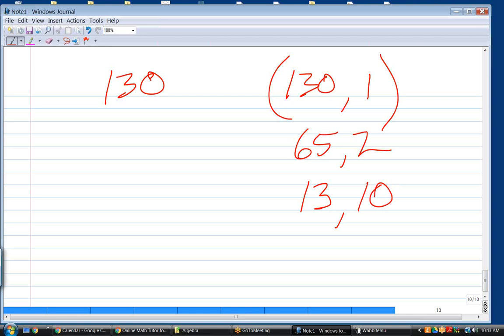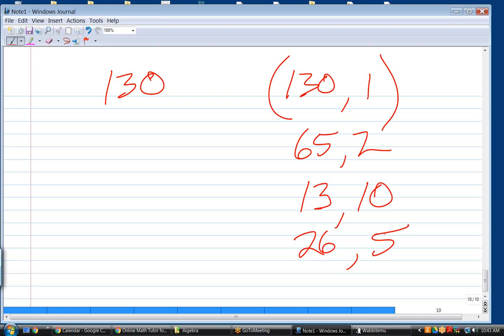Now, I can't really go down anymore because I can't divide 13 by anything, but I could double it. And I could double that and cut that in half. And now it looks like I have found all factors of 130. In other words, it doesn't do any good to cut this in half again and double this. I get the same two factors.